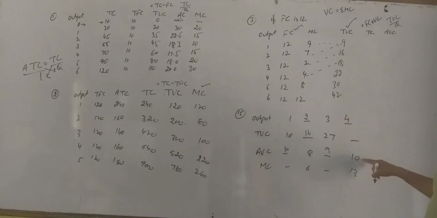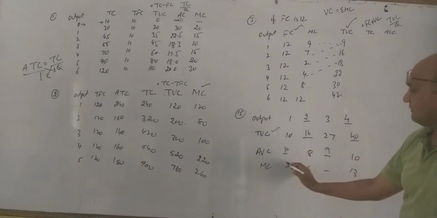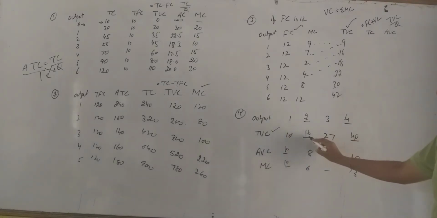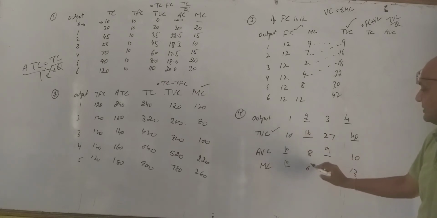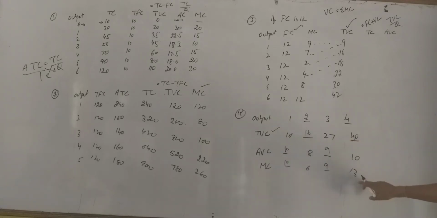Here again AVC is given, so if I multiply average variable cost into quantity, this will be my TVC. Now MC, with the help of TVC we can calculate. First it will be 10, then 16 minus 10, 6, 27 minus 16, 9, 40 minus 27, 13.